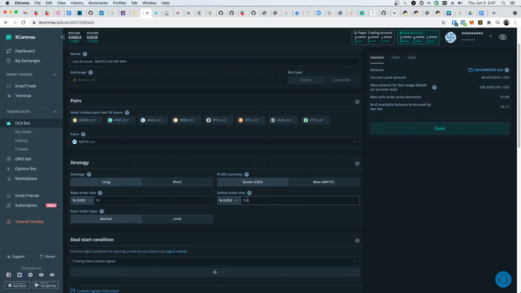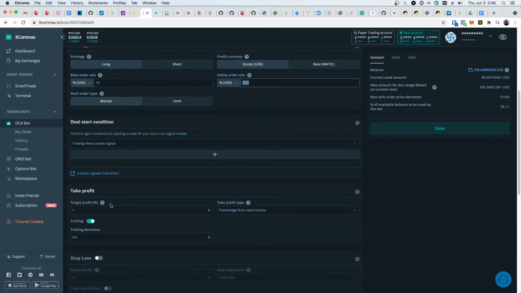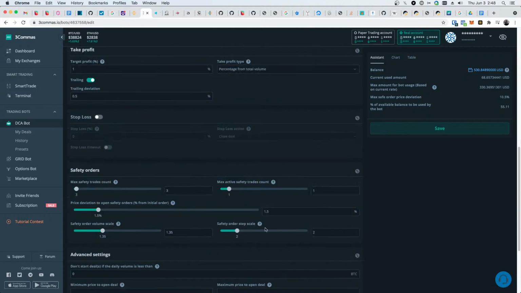You wouldn't want to say 10% or 11% here, which is why we did 12%. The next order would take 12% and buy, because you want to dollar cost average down. Again, market order, and again the custom TradingView signal. We're still taking the 1% and the 0.5 on the deviation, no stop loss.